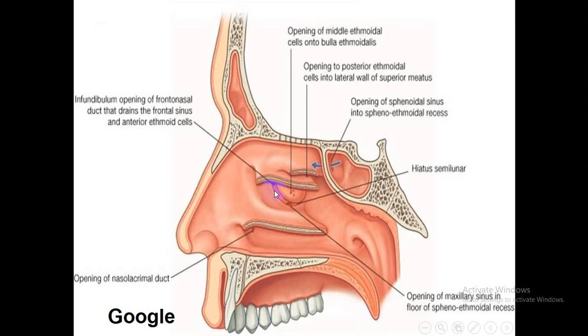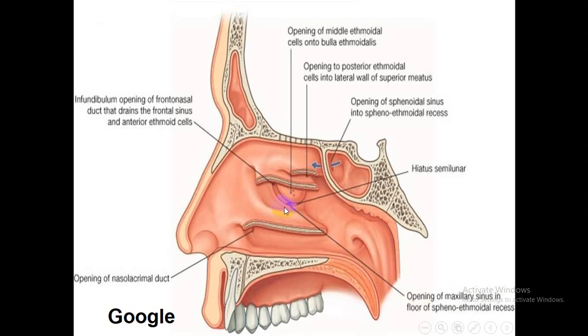In this meatus there is the semilunar groove, which we call the hiatus semilunaris, because it is similar in shape to a half moon. The hiatus semilunaris receives the orifice of the maxillary sinus, which opens in its posterior part.